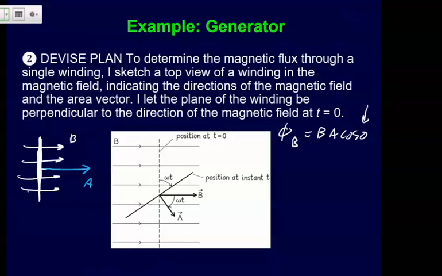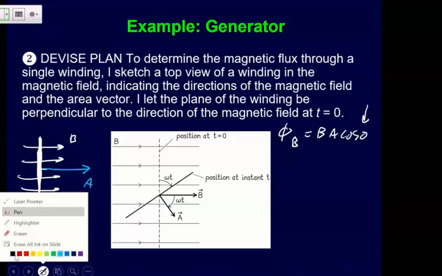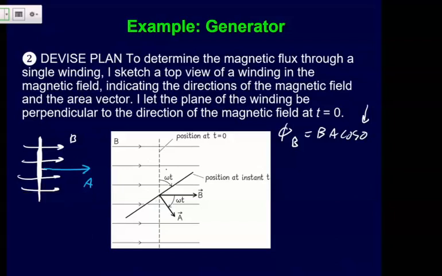And then as this thing rotates, if you look at my picture here, it's going to rotate omega times time, and that's going to be an angle in radians. So at some later point, the angle between the B field and the area vector, what I'm calling my theta, is this omega times t.